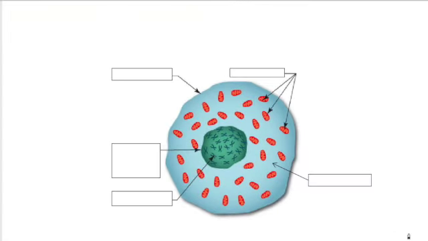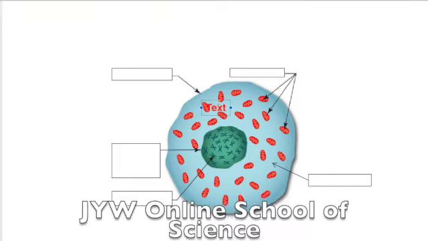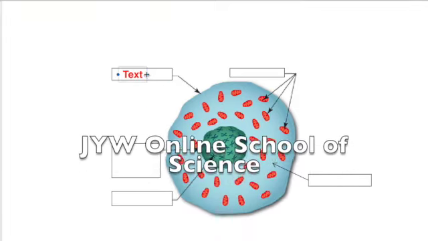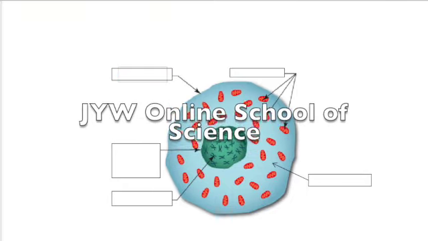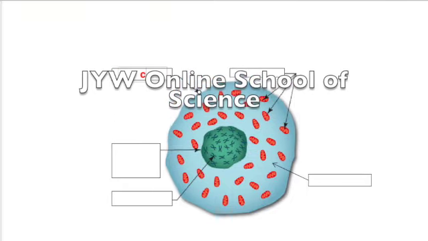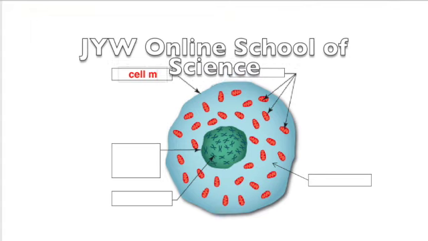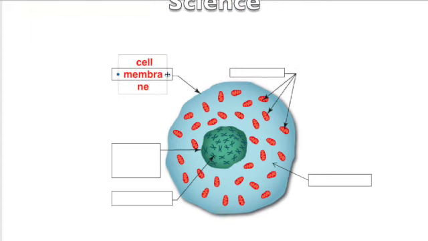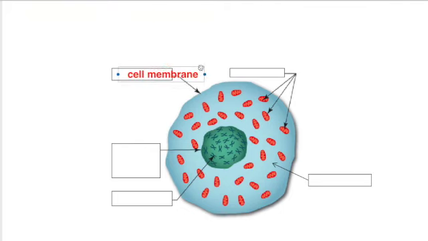It's a plant cell. You are required to label each part. So let's give a go. And this one here, that one, this one is cell membrane. Okay, so that's cell membrane.